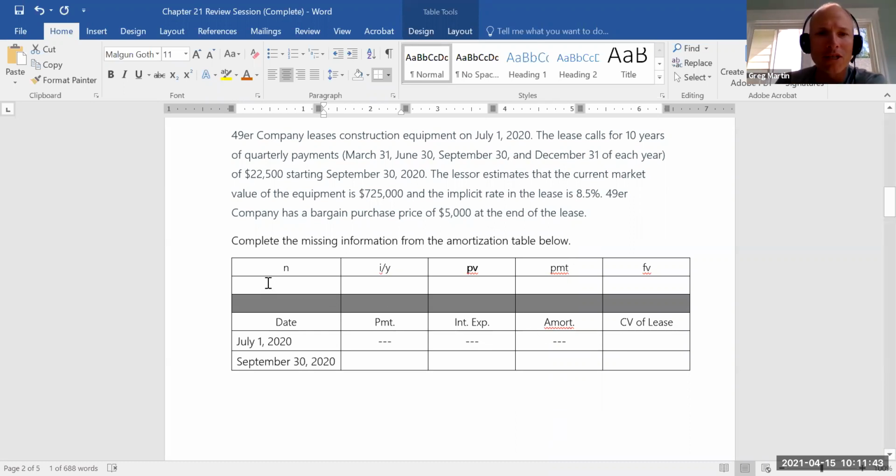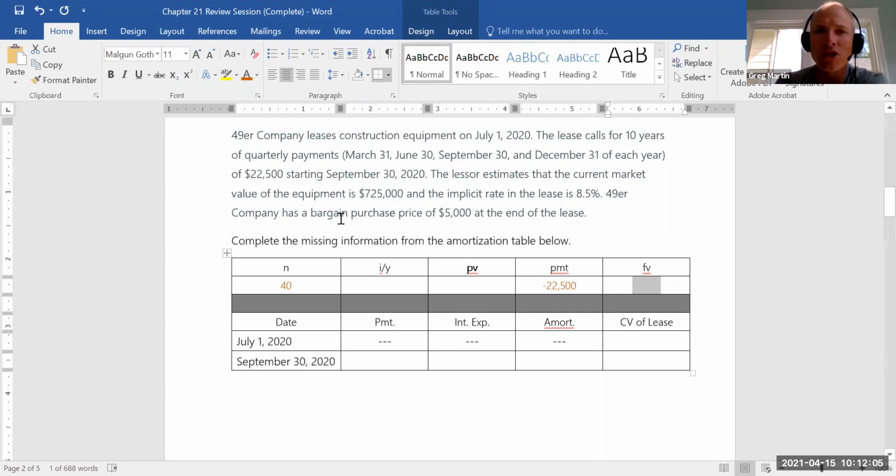The nice thing is a lot of the information is the same as the previous one. Your N is 40. Again, we're from the lessee's perspective because we're solving for the present value, and so the payments are negative 22,500. The FV is a little bit different because the only thing we have to worry about is the lessee's obligations at the end of the lease.